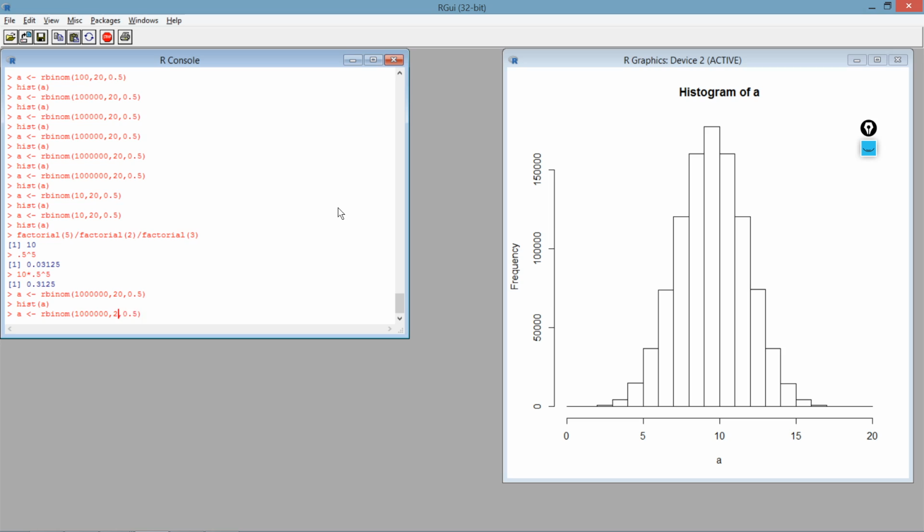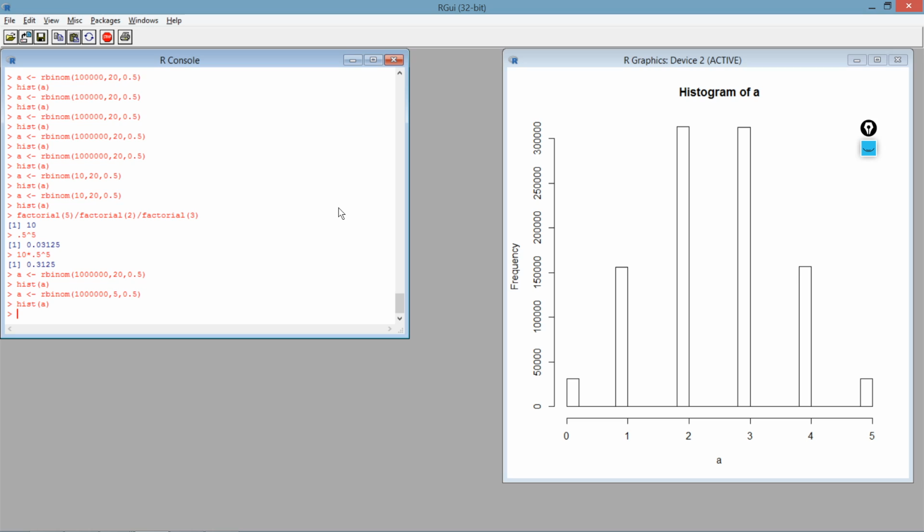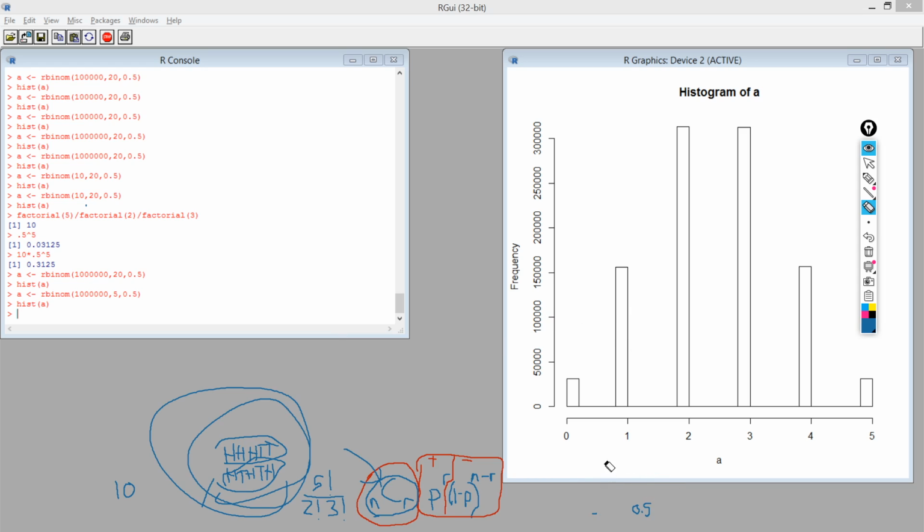I'm doing 1 million sets of 5 flips at a 50% chance of getting heads. Here's what it looks like. Notice this. Let me erase all this other stuff. Let's plot out what's going on in this histogram.